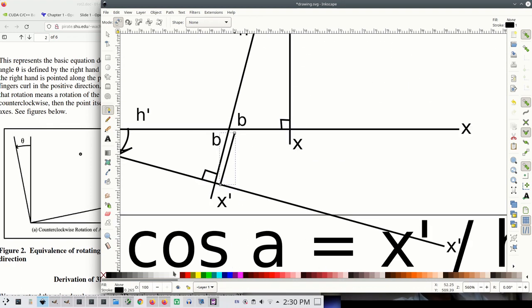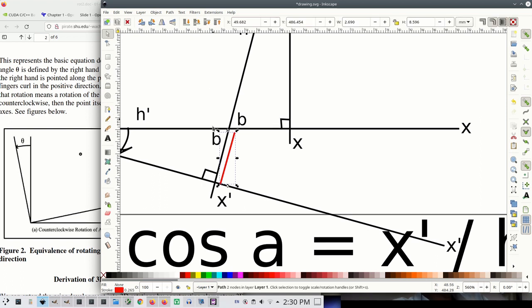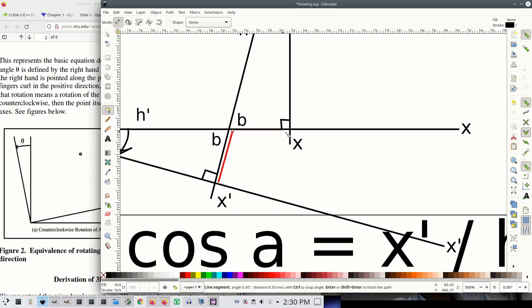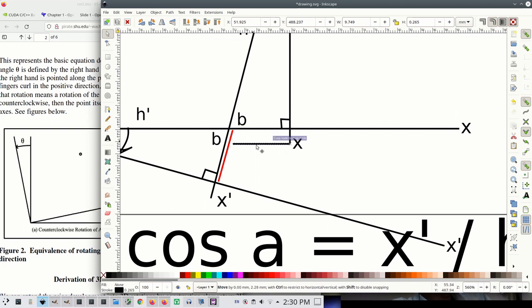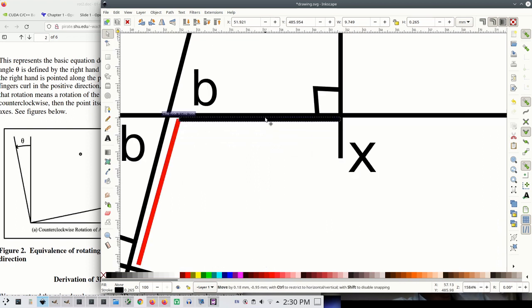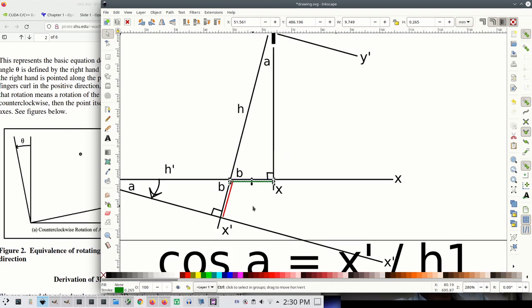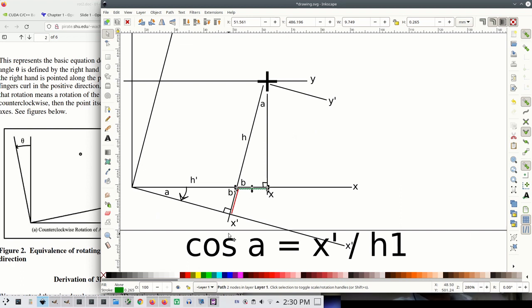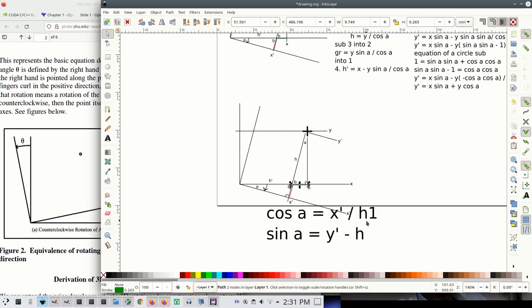Make that one red. This is something missing, a missing link we have to find to be able to solve this problem. And I made this one green. I'm just marking these down so we see we have to find this line. Once we find these two lines, we have all the pieces.